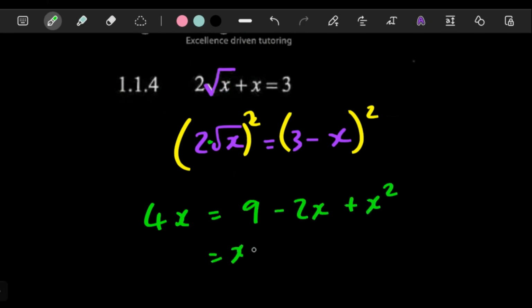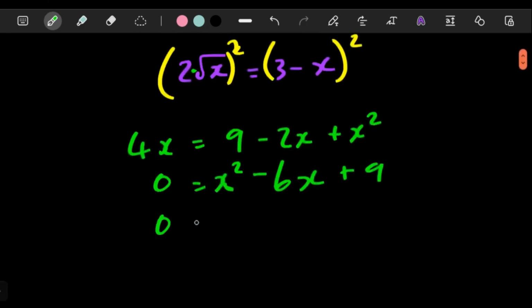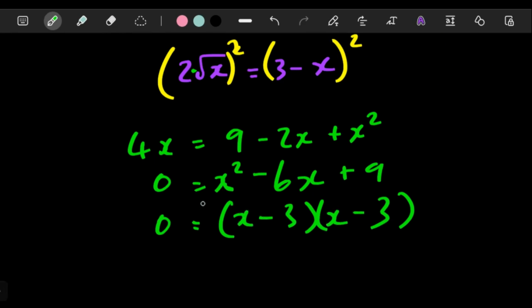So you might as well take everything to one side so that we can just use the quadratic formula. -2 minus a 4 is going to give you a -6. And then fortunately, this one is not crazy to factorize. It looks as though factors of 9 that can give us a 6 are just 3 and 3. So we get -3 minus 3.